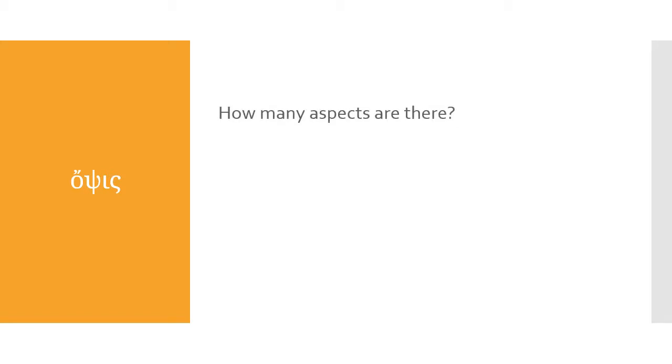How many aspects are there? Three in Greek. Often we talk about two primary aspect distinctions, and some of the early work in aspect, particularly in Slavic languages, in Russian, refers to this contrast between perfective and imperfective, which we'll see. But in Greek there is a third aspect, and that's something of a source of confusion for some.